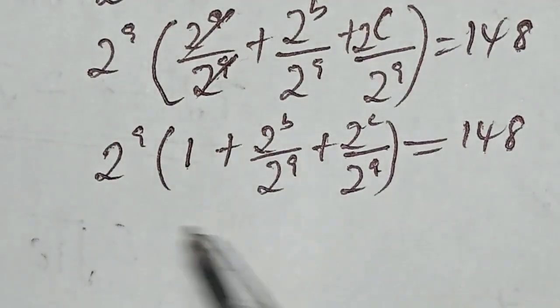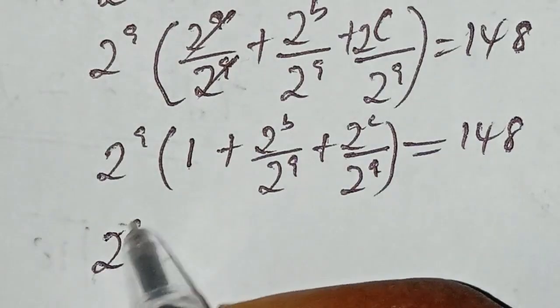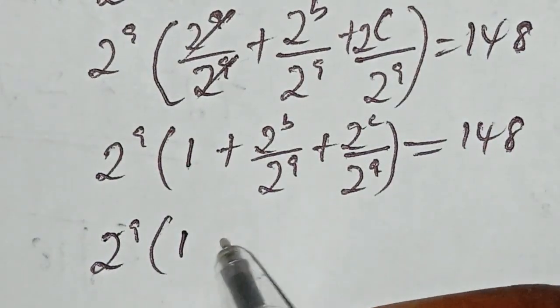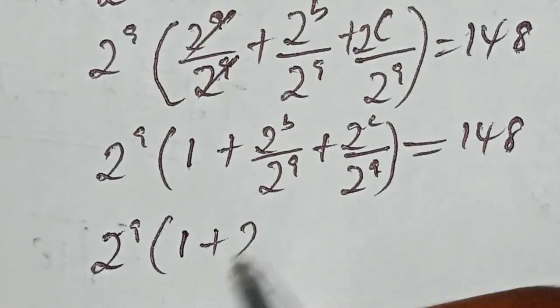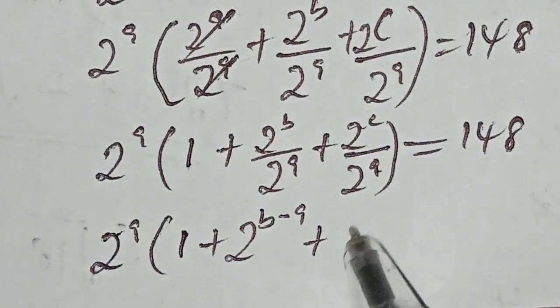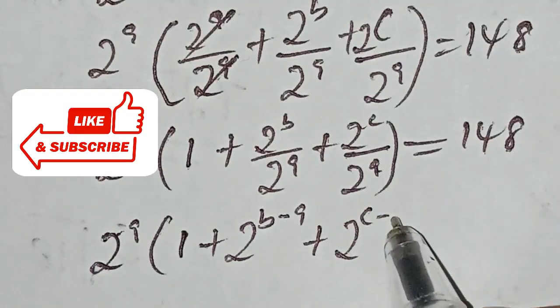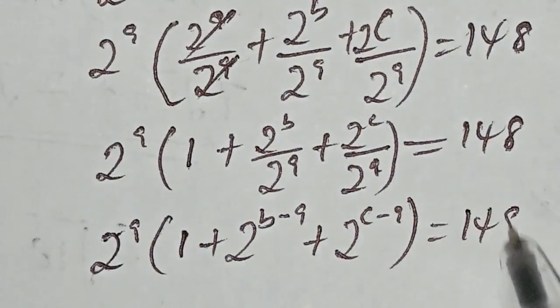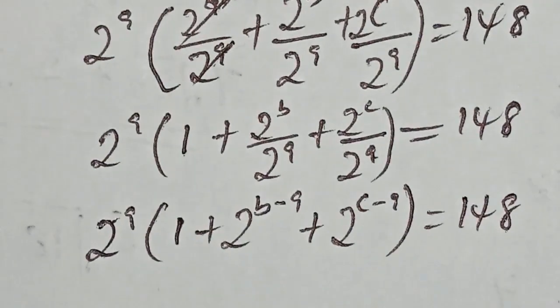Now we can rewrite this as 2 to the power of a into brackets 1 plus 2 to the power of b minus a plus 2 to the power of c minus a, equal to 148.